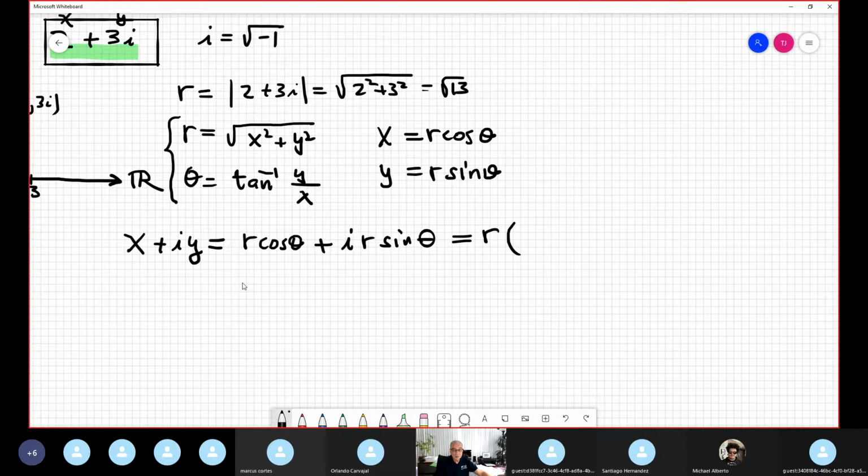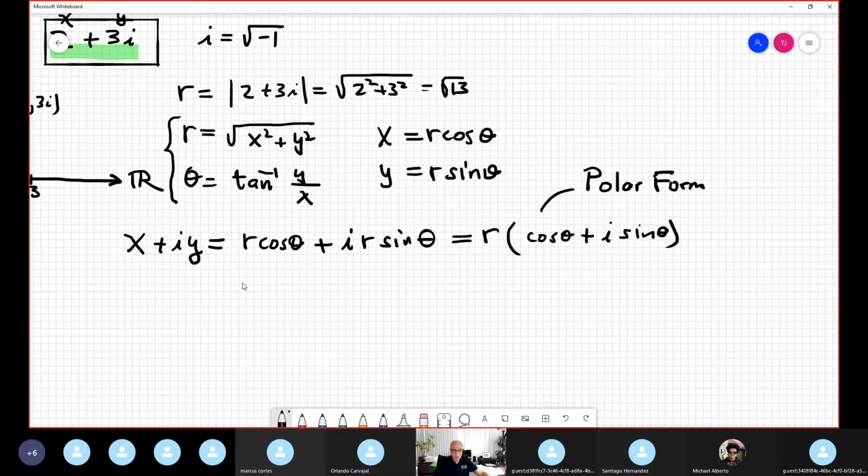Now inside you have cosine theta plus i sine theta. Wow, and this is the polar form of the complex number, in which you have not the traditional x and y, no. You have r and theta. So it's like a conversion, but in this case we are talking about polar.